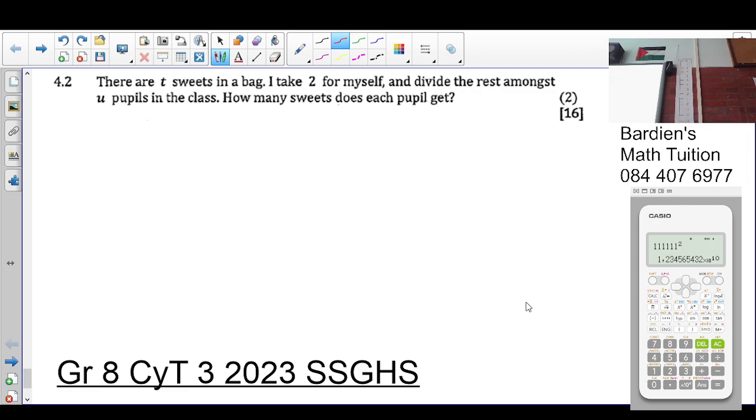So we do the same when it's variables. We have t sweets minus 2. And then you divide the rest by u. People, most of you wrote 2 minus t divided by u. What's the problem here? The brackets missing.